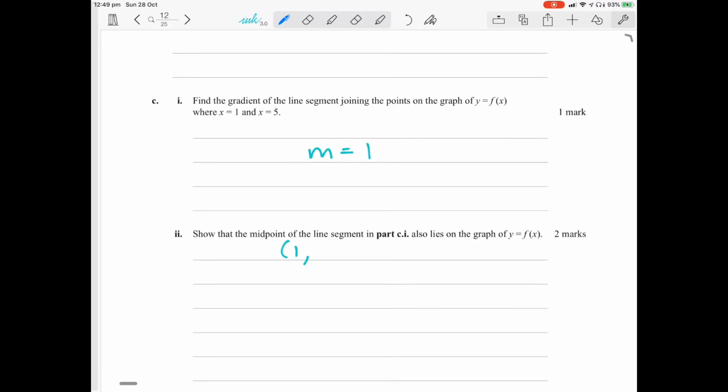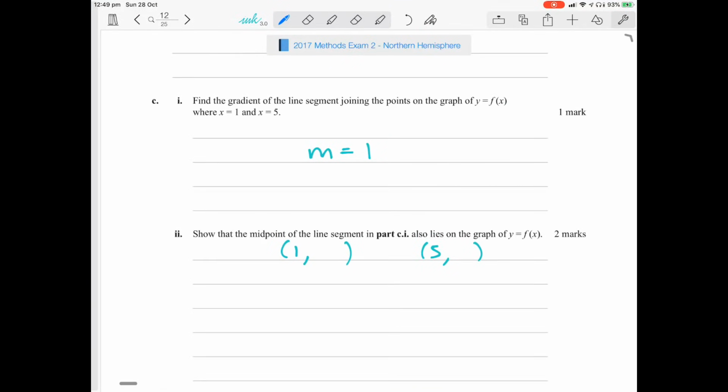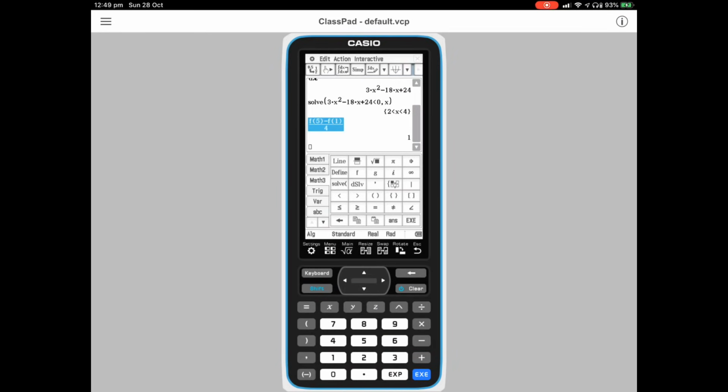Show that the midpoint of the line segment also lies on the graph. So we've got the point 1 something, and we've got the point 5 something. What's f of 5? F of 1.